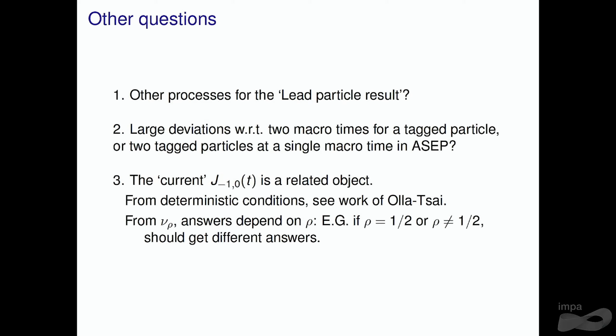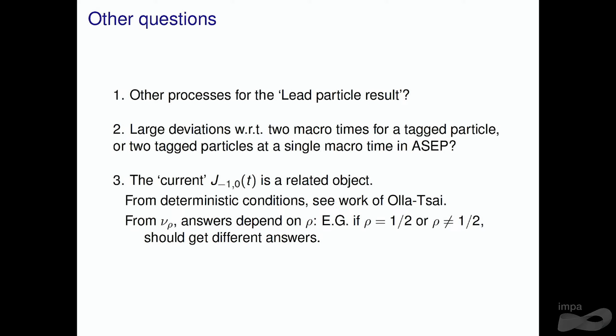Okay, so this is kind of fun. Current is related. Morrow talked about current yesterday. This is the number of particles which cross 0 from the left and go to -1 from the right up to time t. So the number of things which cross the bond.